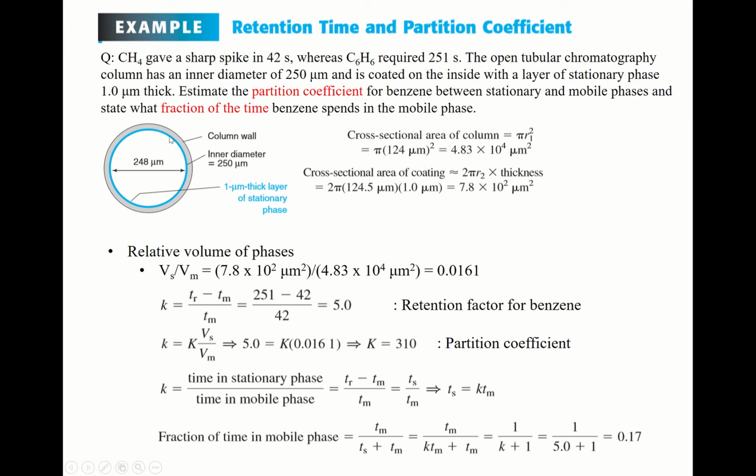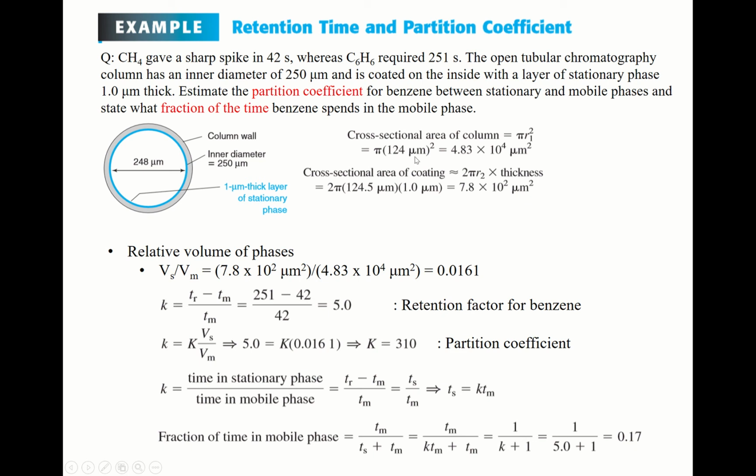So you first calculate the perimeter and then multiply by the thickness, and you have to take the average radius. From the outer part the radius is 124, and the inside part is 125.